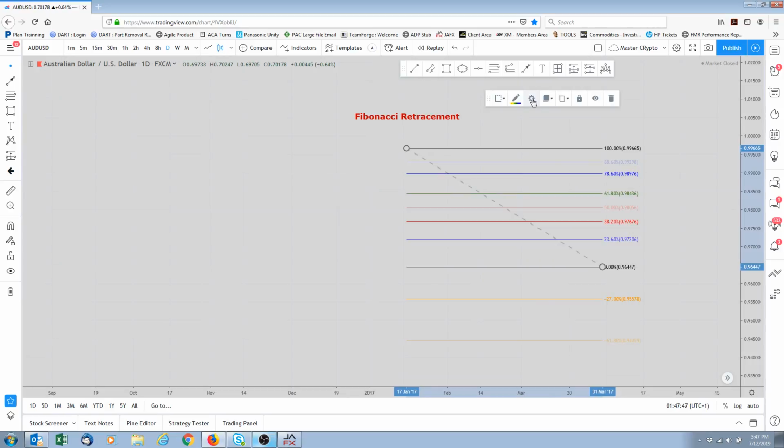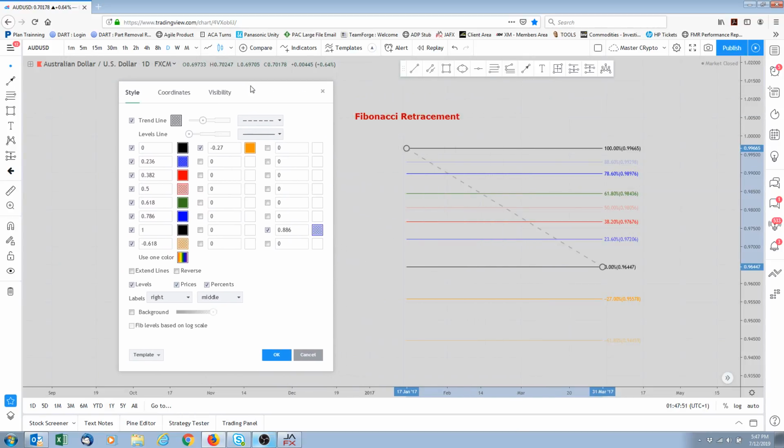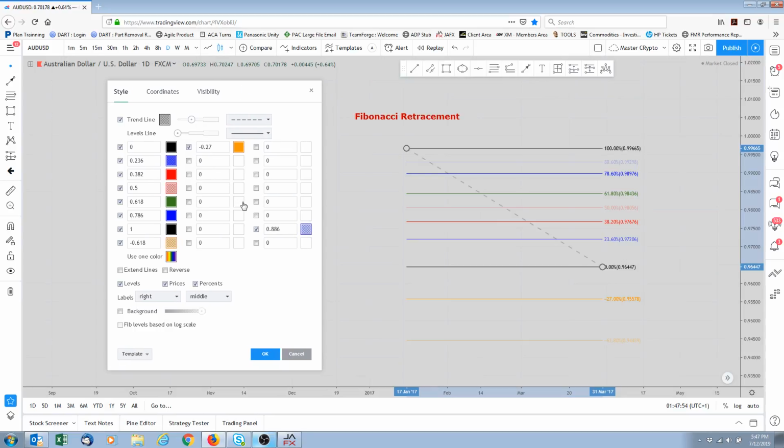What I'm going to do is hit this little gearbox and it's going to open up this window. Basically, what I want you to do right now is either take a picture of this or a screenshot, or you can watch this video again and go through it slower. Right now, I just want you to watch and pay attention. But basically, you're going to input these settings into your own TradingView charting account, your Fibonacci retracement settings.